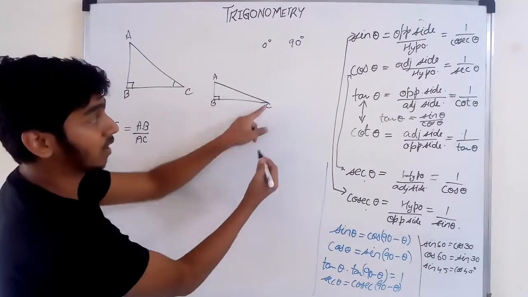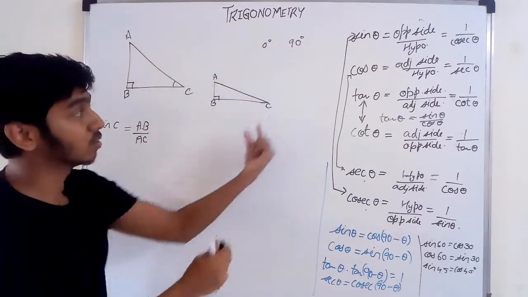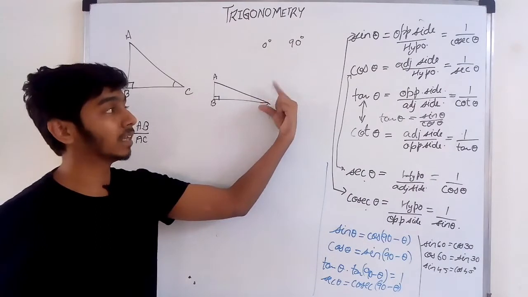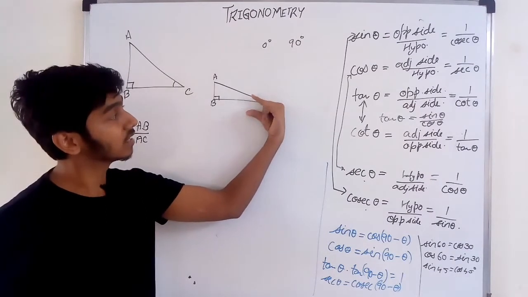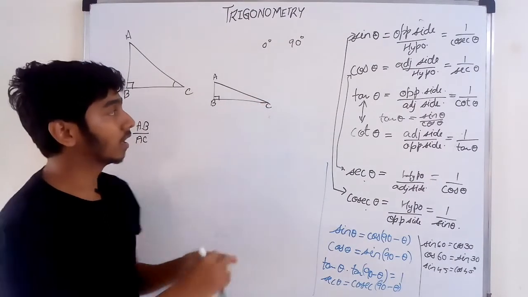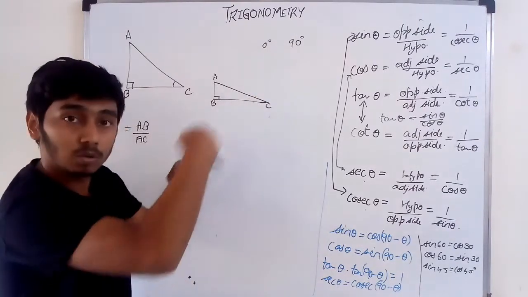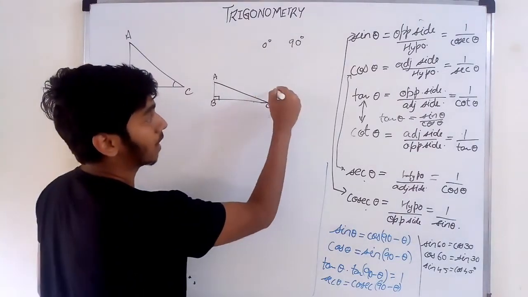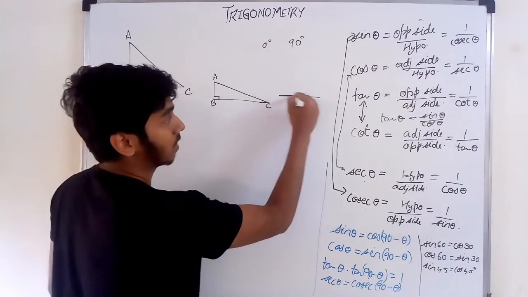If this becomes 0, there is no space between the mouth here. If this line and this line come close to each other, it will become something like this.